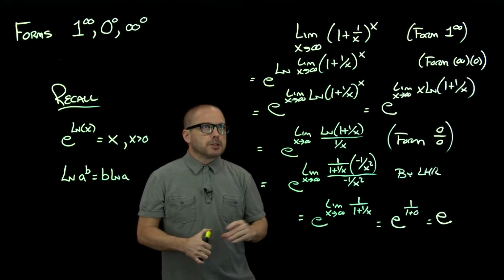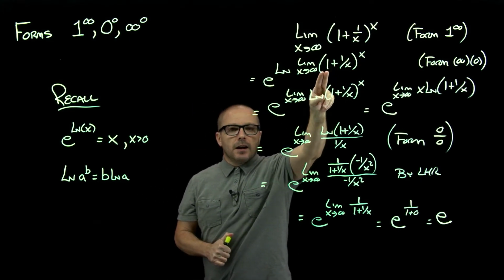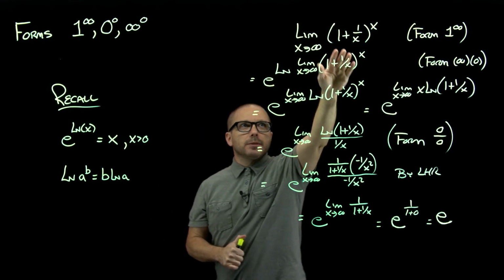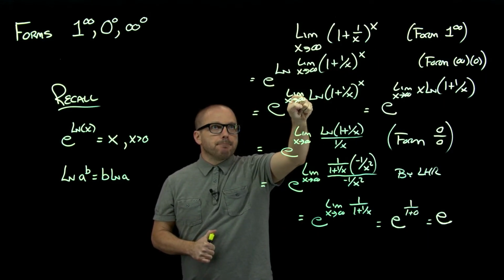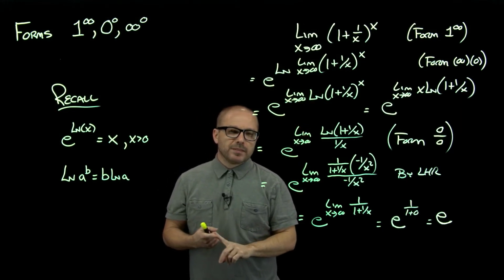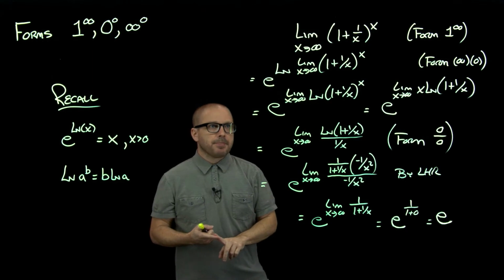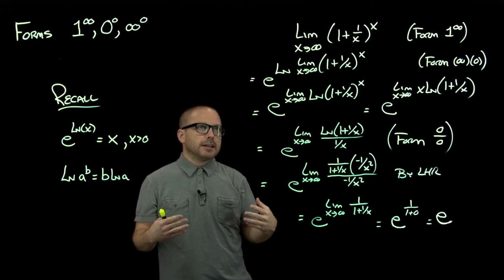This limit is a particularly interesting one. I picked this one on purpose in that in algebra, this is probably how you were introduced to what e is. If you recall, you looked at the idea of compound interest, and then what happens as the number of compoundings goes to infinity.